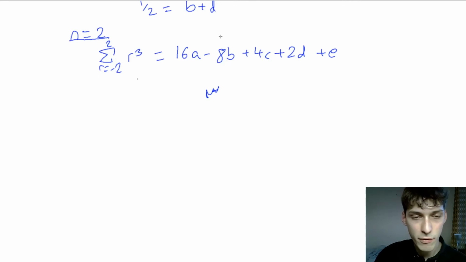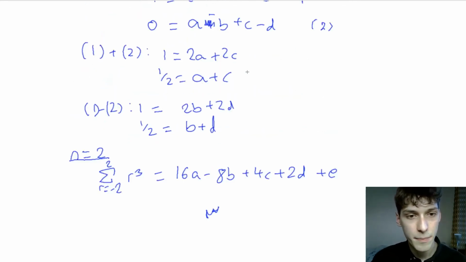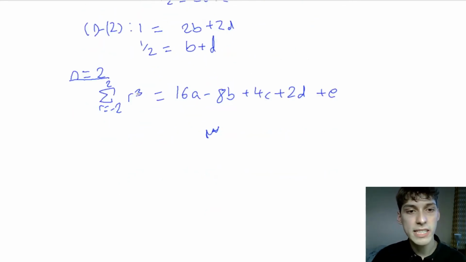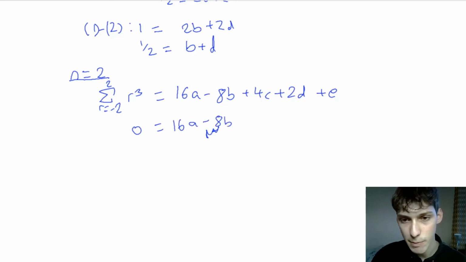And again, just simplifying this, we can notice that r cubed is actually an odd function. So because it goes from minus 2 to 2, this just equals 0. I mean, or you can just evaluate it manually if you want. We don't need to show any working for that. And we have 16a minus 8b plus 4c plus 2d minus 9. Move the 9 over to the other side, and we get this.